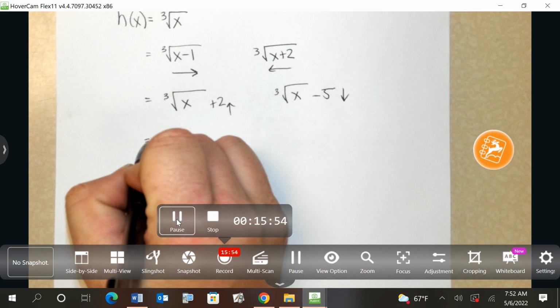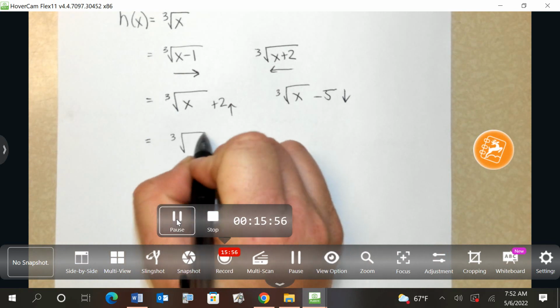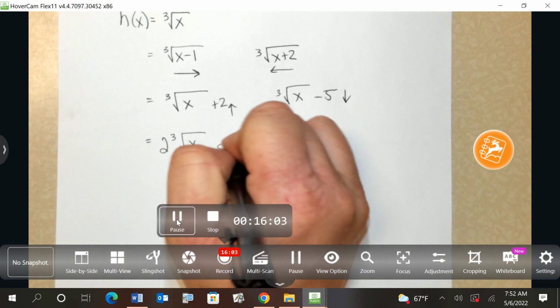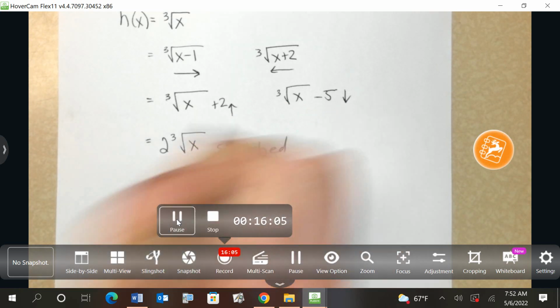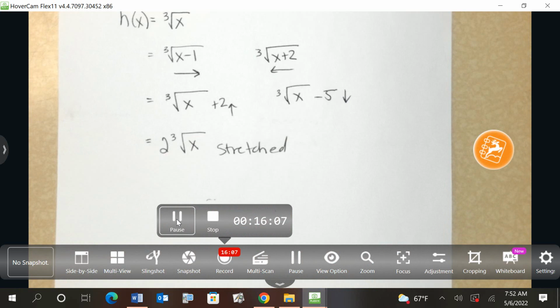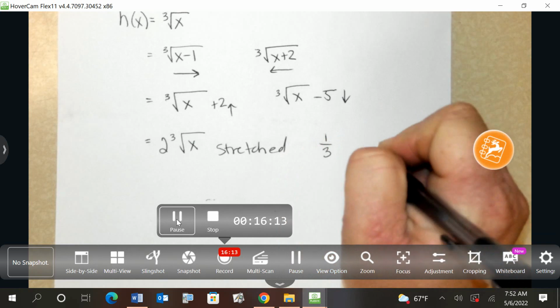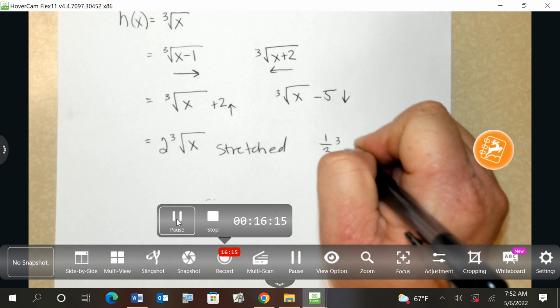Now, what about numbers that are in front? What do I mean by that? So when you have like a 2 in front, it means that it is skinnier. We use the word stretched if it's in front. Okay, it's stretched by 2. It's a skinnier version, stretched by 2. And if the number would be between 0 and 1, we'd say condensed.